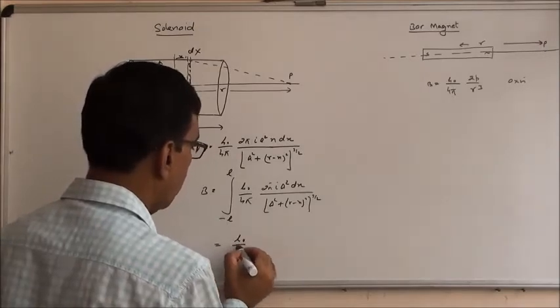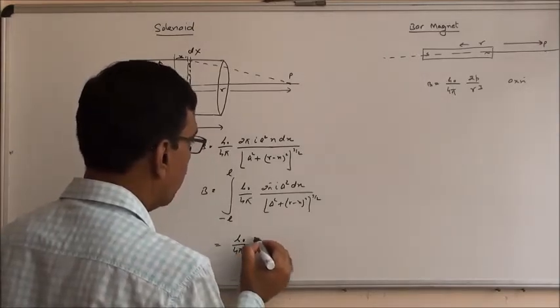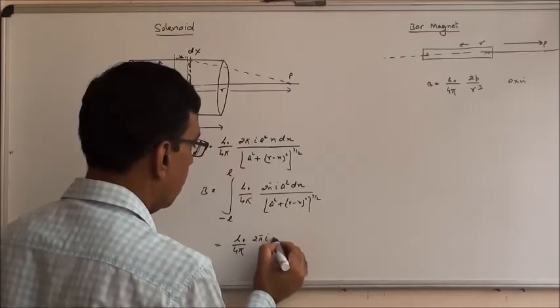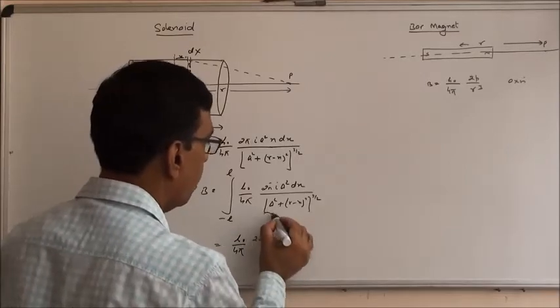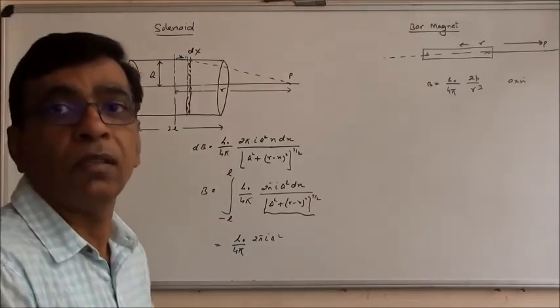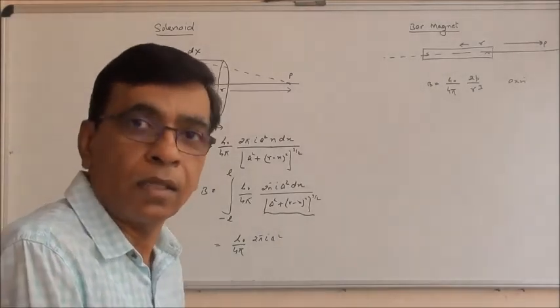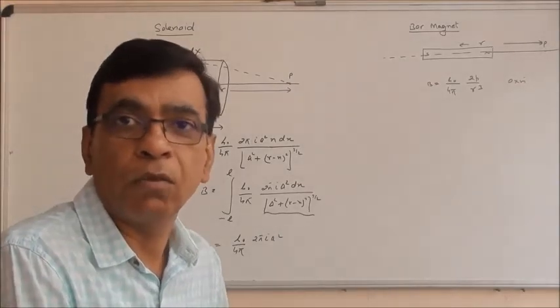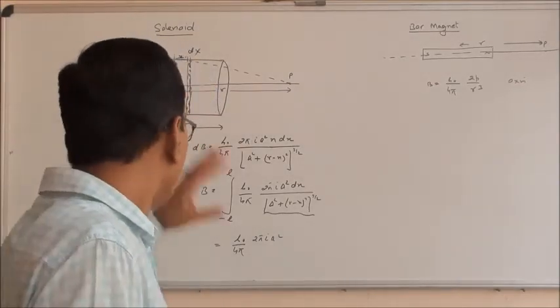Now see how many constants can be taken out. 2 pi I a square, and here if I am saying r is much larger than a and x, the point where we are calculating the magnetic field is away from this point.